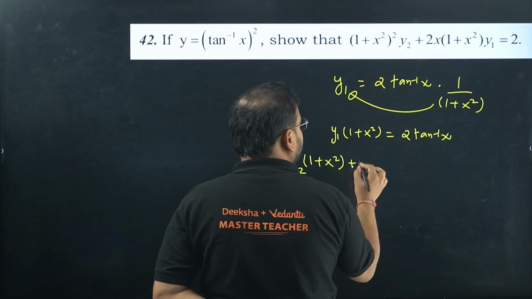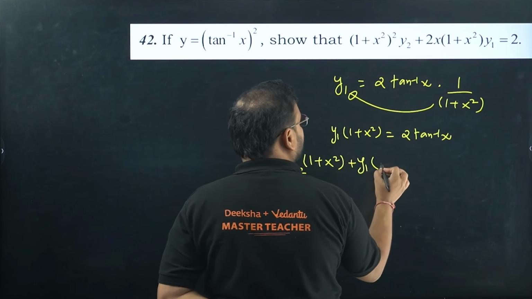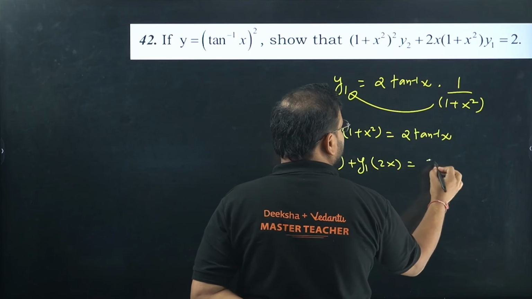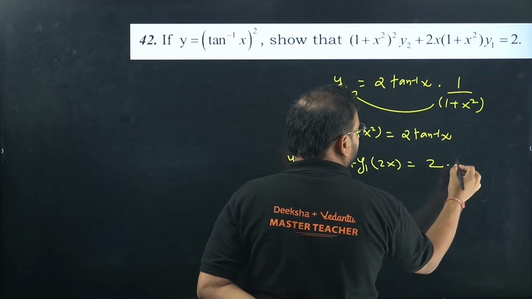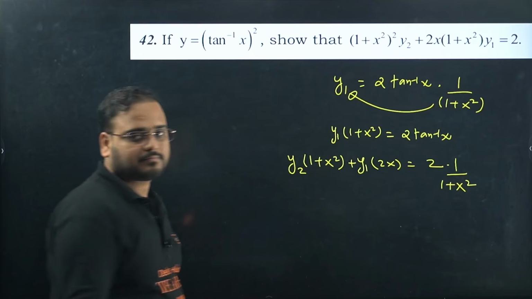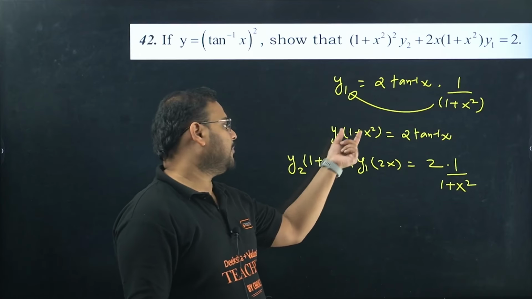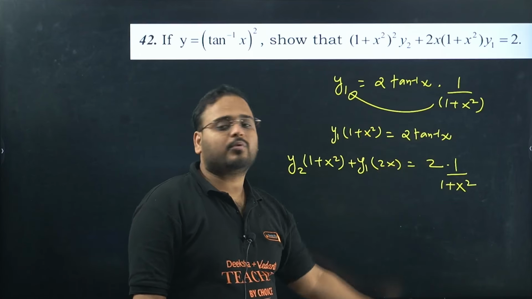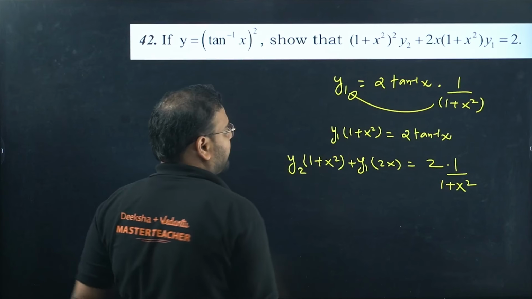This time, keep y1 as it is. Differentiate 1 plus x square, you'll get 2x. And on this side, derivative of tan inverse will give me this. Makes sense? Derivative of 1 plus x square is going to be 2x and tan inverse is 1 upon 1 plus x square. Again cross multiply this whole thing.